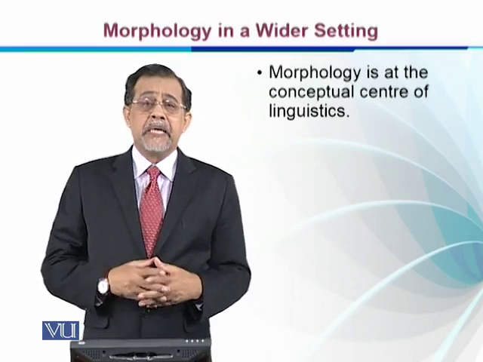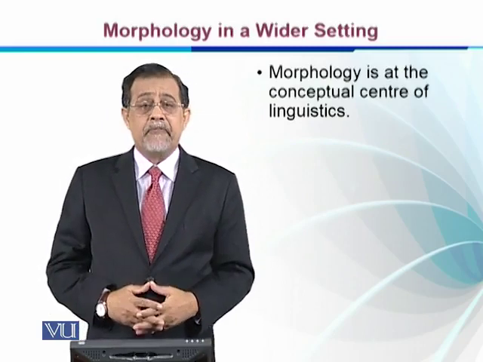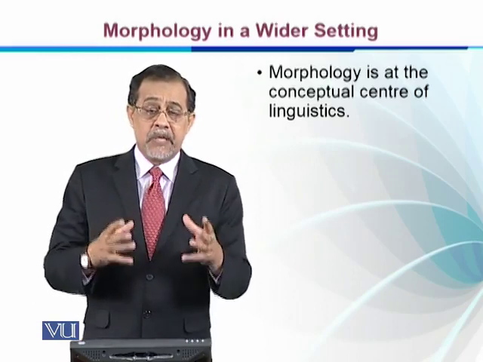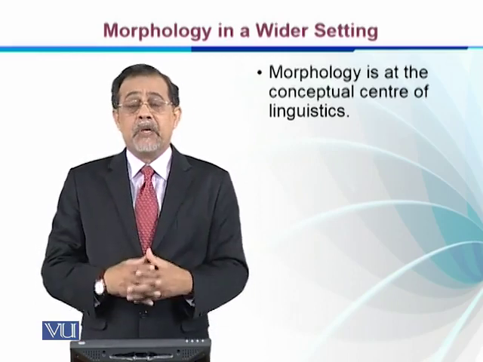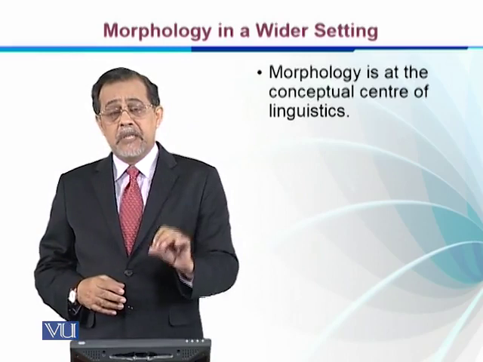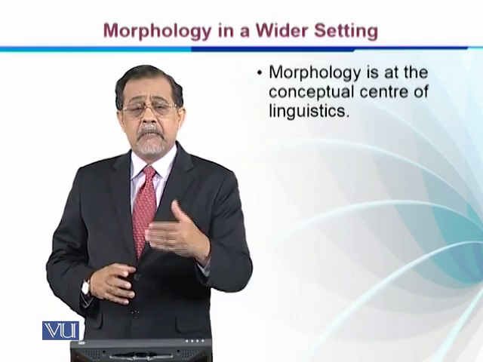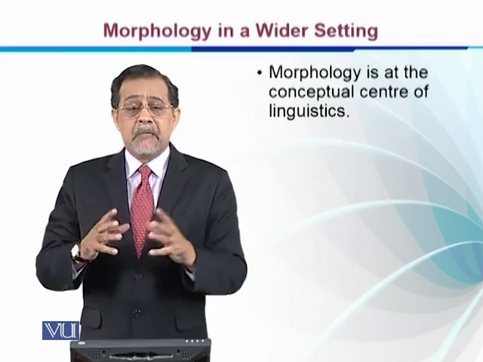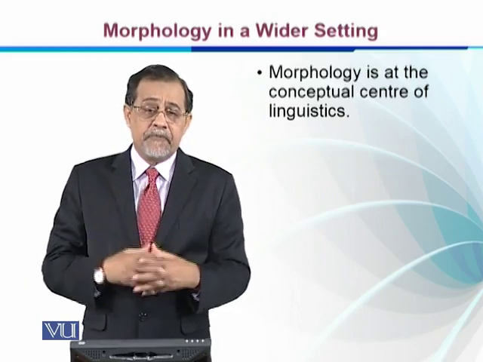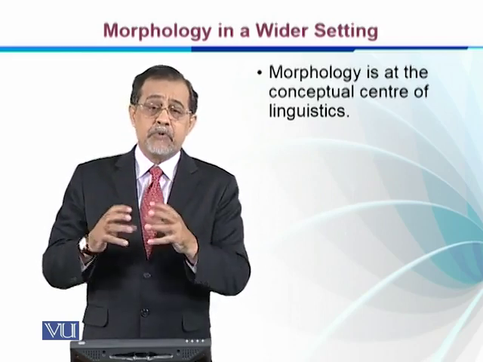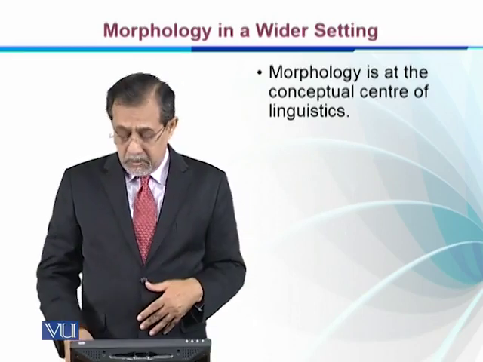So morphology is at the conceptual center of linguistics because everything starts with words. We start talking with words, though there are certain tiers before the word, like phoneme, right? But actually it's the word, it's the morpheme, it's the morph. So it's considered to be the conceptual center of linguistics.